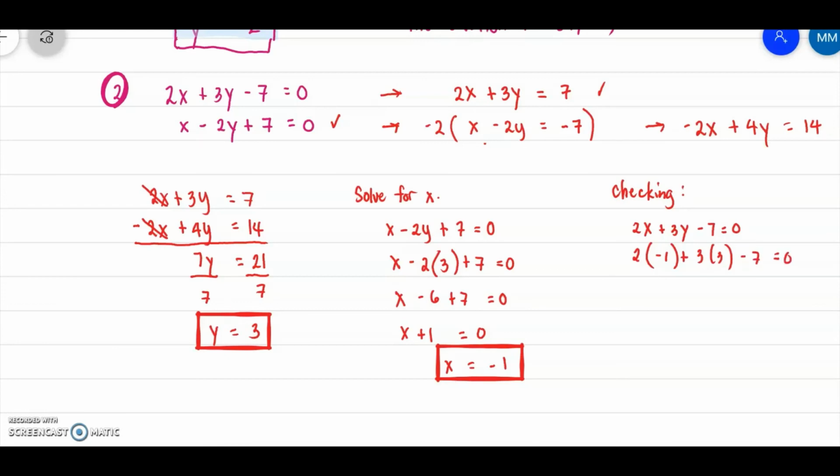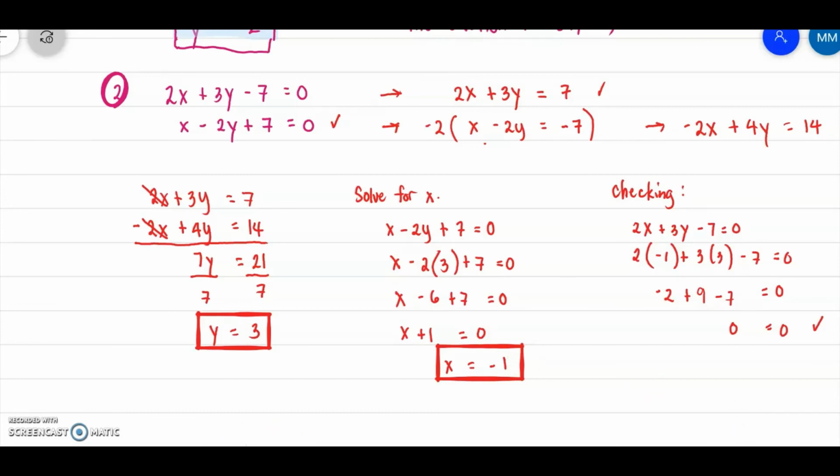So 2 times negative 1 is negative 2 plus 3 times 3 is 9 minus 7 is equal to 0. So negative 2 plus 9 is positive 7 minus 7 is 0. So we have 0 is equal to 0, meaning our values for x and y are true for the first equation.